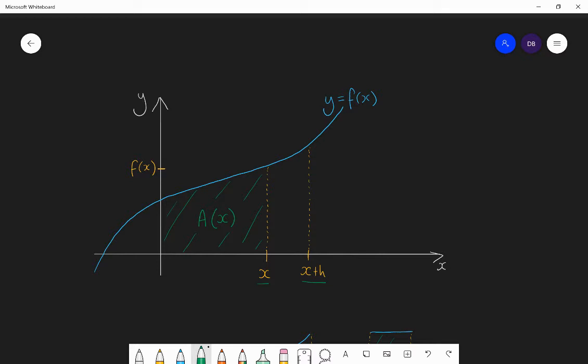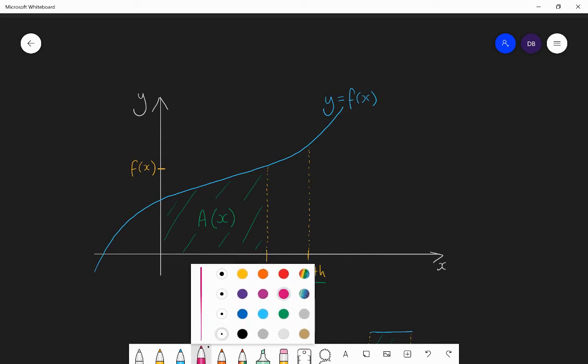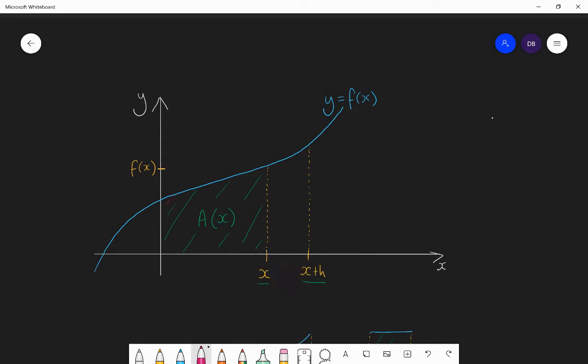The area up to x plus h, all of this magenta area, would be A of x plus h. And if I wanted just the area between x and x plus h, I would subtract one from the other.